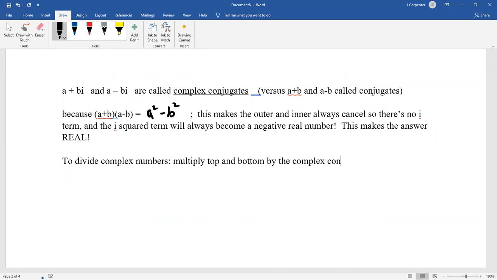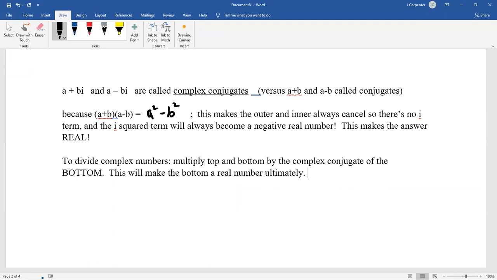So to divide complex numbers, multiply top and bottom by the complex conjugate of the bottom. This will make the bottom a real number ultimately. That's all we're really worried about. The standard complex form is a plus bi. That means there's no i squareds in answers. There's no i cubes in answers. There's no i's in denominators of answers.